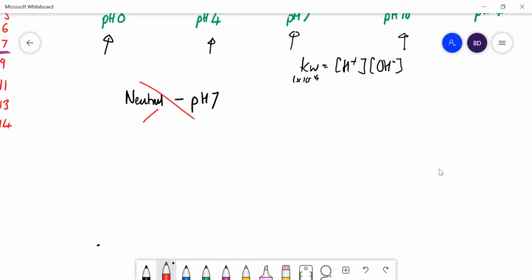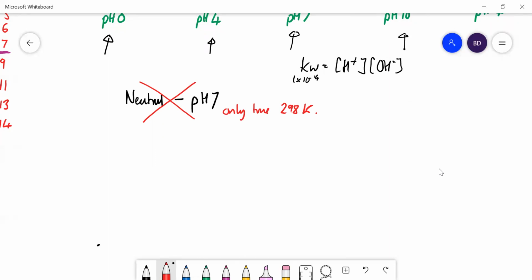That's only true at 298 Kelvin. I'll tell you why in a minute. When you were lower down the scale, you knew neutral was pH 7, but you didn't know that acid solutions had H+ ions in them. You didn't know that alkaline solutions had OH- in them, and that's why you couldn't really say anything other than just say it's pH 7.